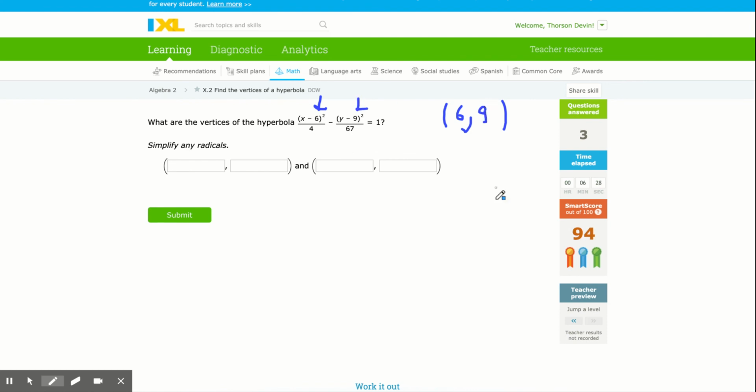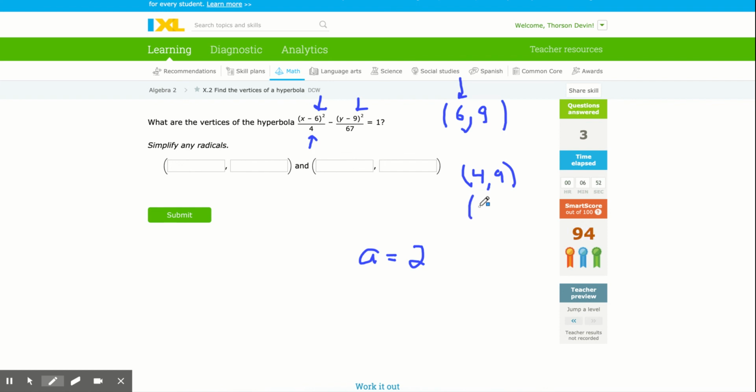The next thing I'm going to do is find my a value. My a value is always the square root of the leading term, the one that's positive. My a value would be 2. Since it's x, it's open left and right, so I'm going to add and subtract 2 from this value. So my one vertex would be 4, 9, because that's minus 2.